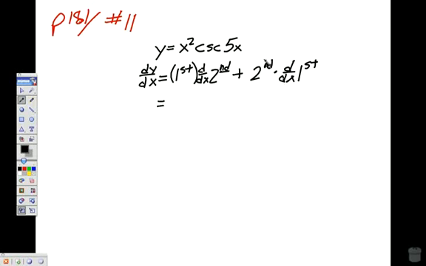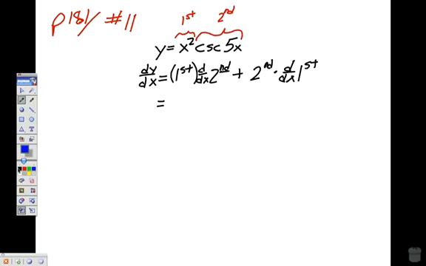So some of these we can just go ahead and lay out. And when I'm talking about the first and the second functions, I'm talking about the two things that we're multiplying together. So x squared is going to be our first function, and the cosecant of 5x is going to be our second function.